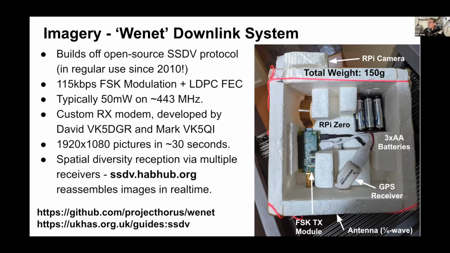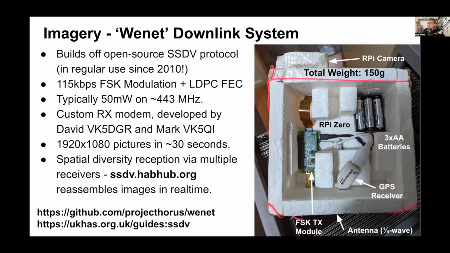The transmitter is a Raspberry Pi with a Raspberry Pi camera and in this case, it's actually a LoRa module, but we're running it in FSK mode to produce frequency shift keying. Runs off 3 AA batteries, total weight 150 grams. And it will run for about 7 or 8 hours, which is more than enough for a regular flight.